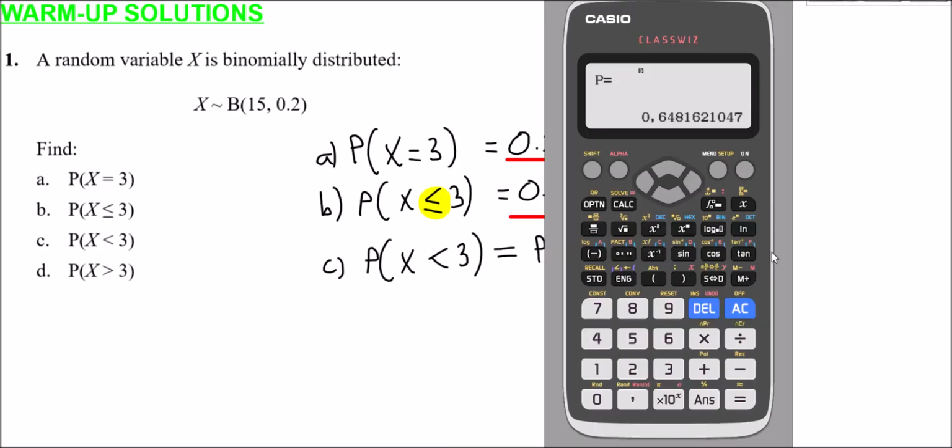So get the calculator again. Now we can just press AC to go back and alter the parameters. We're still talking 15 trials, we're still talking that the probability of success is 0.2. The only thing we need to alter here is to change the 3 to a 2. Press equals and equals again, we'll get here 0.398. And so that's our answer to part C.